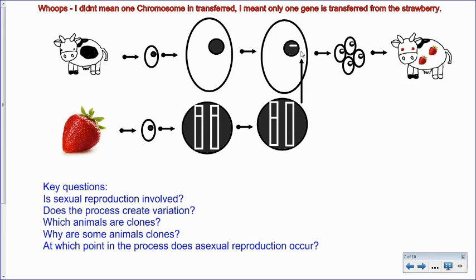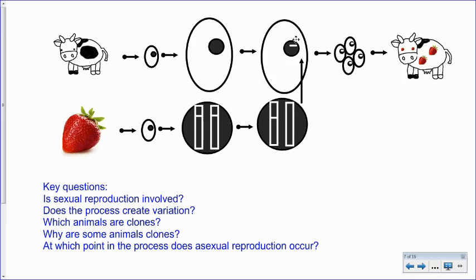So this cell now, the cell of the cow, which can grow into a new cow, now has only 1 specific gene in it, and that gene will put maybe the flavour of strawberries into the new cow. Now there's a tiny amount of DNA coming here from the strawberry.